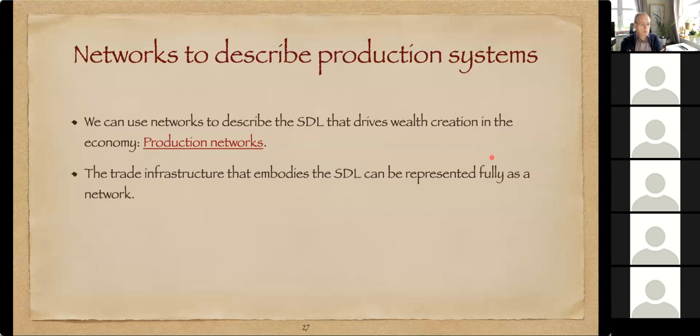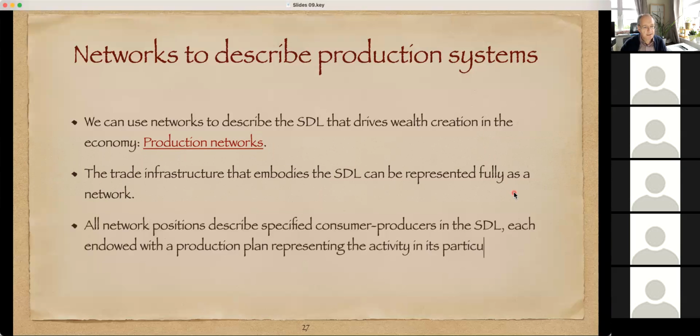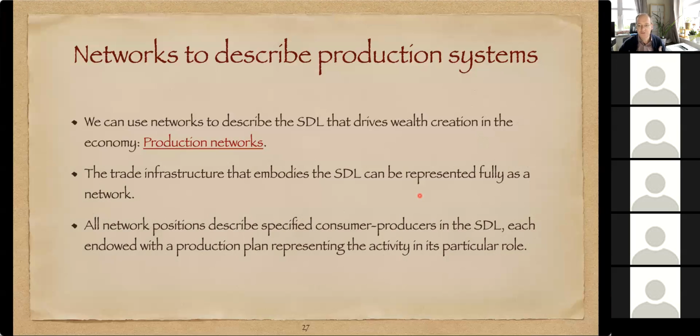So what do we have then? It's a representation of a trade infrastructure in all regards. Now, what are the positions in the network? Those are the consumer producers, the economic agents, and in particular from their productive point of view. We are not necessarily interested in these entities from what they consume.